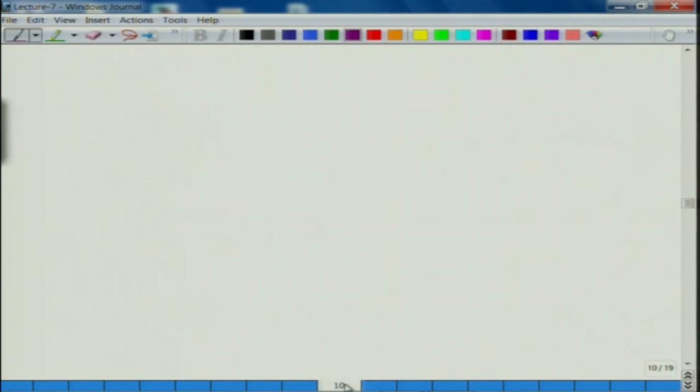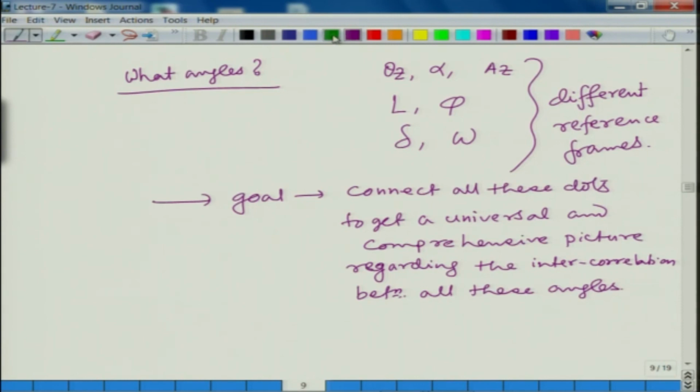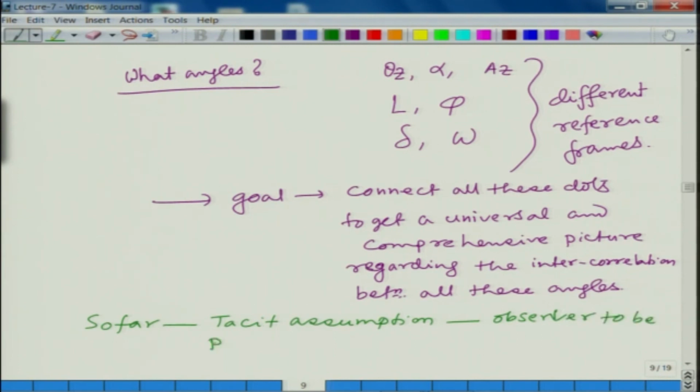Now, before I proceed, I should also mention that so far we have made a tacit assumption. What is that tacit assumption? We have taken the observer to be a point. It is just a point, that is what we considered, but it can be a plane.